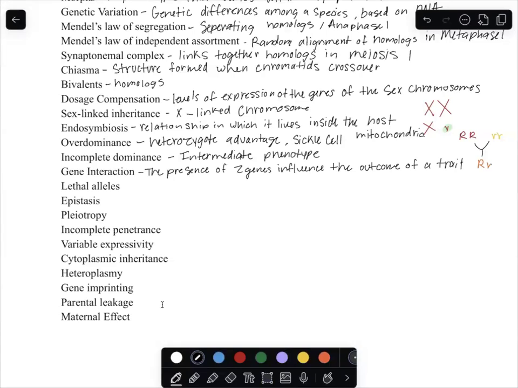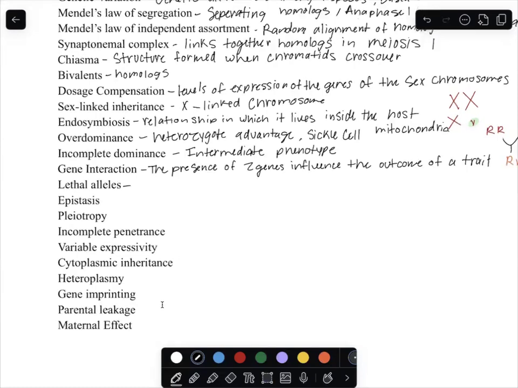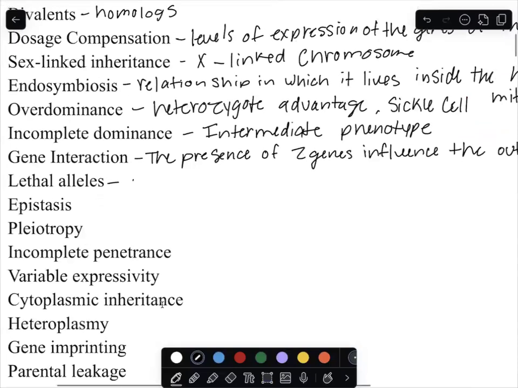Now we have lethal alleles, which, kind of in the name, an allele that can be deadly.